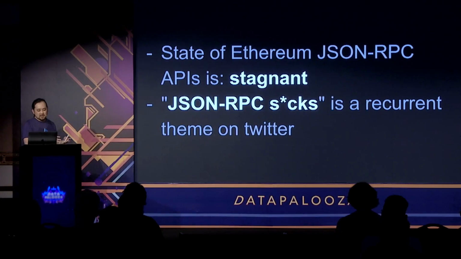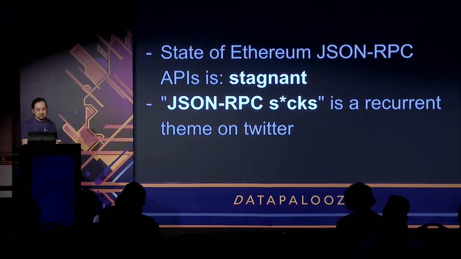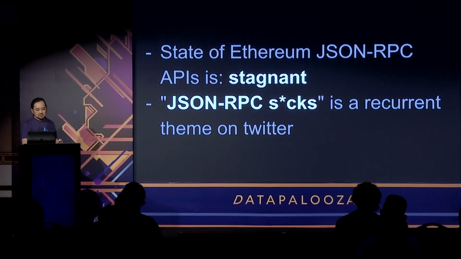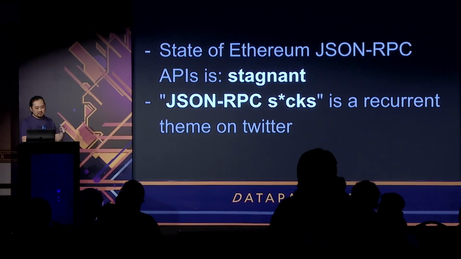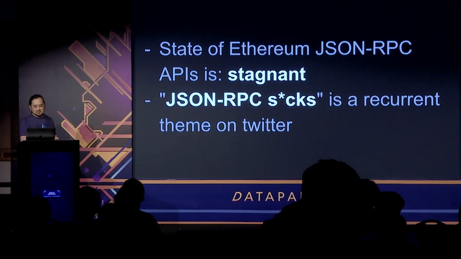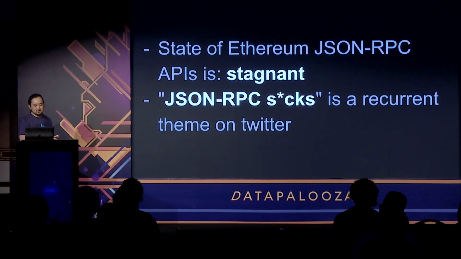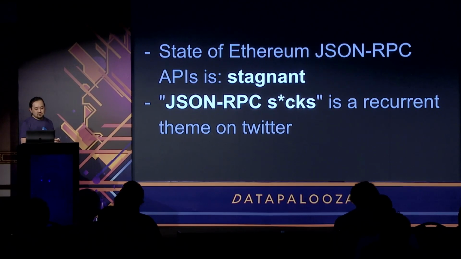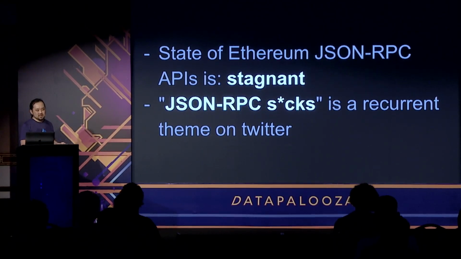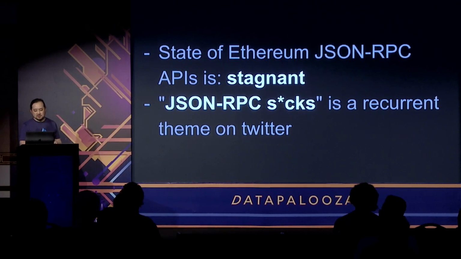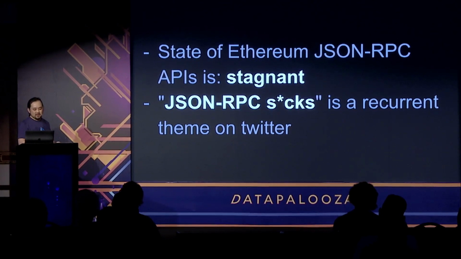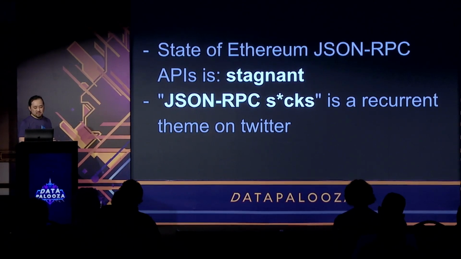There are a few isolated initiatives, but there are no ongoing efforts to evolve them across clients. So it's hard to make something that's very client independent, because the common denominator does not provide much.